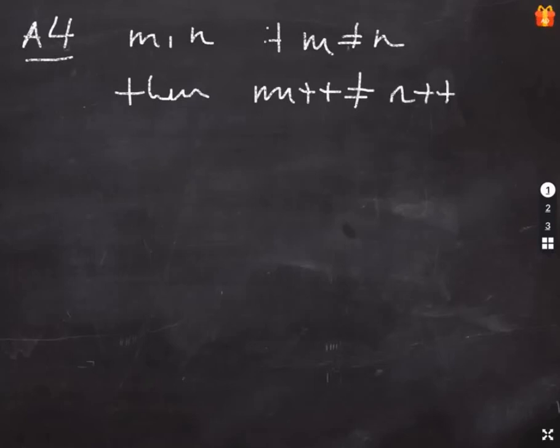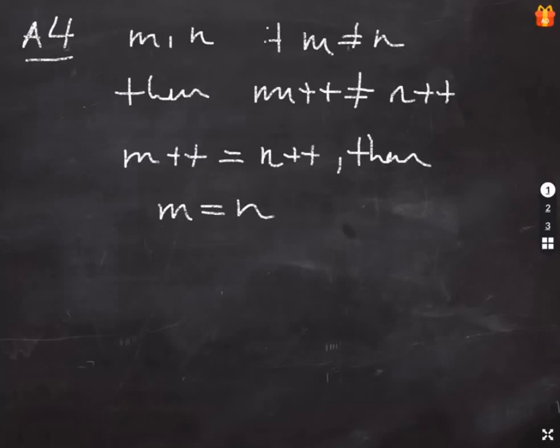And, which is a similar way of stating the same thing, if m++ is equal to n++, then necessarily m equals n. So this axiom seems perfectly reasonable, so that you and I, again, can agree that I want to respect this.